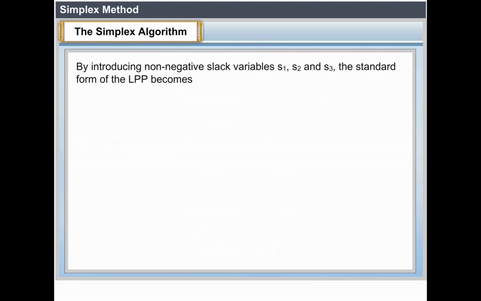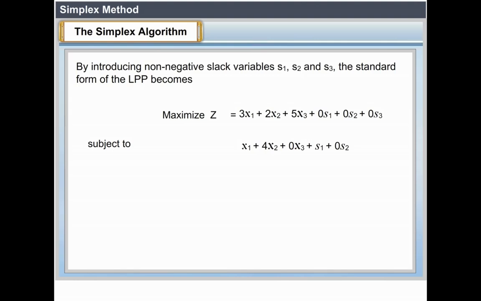After converting the problem into standard form, we get maximize z equal to 3x1 plus 2x2 plus 5x3 plus 0s1 plus 0s2 plus 0s3 subject to x1 plus 4x2 plus 0x3 plus s1 plus 0s2 plus 0s3 equal to 420.